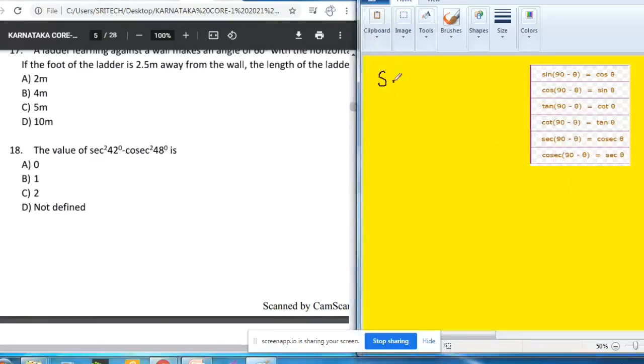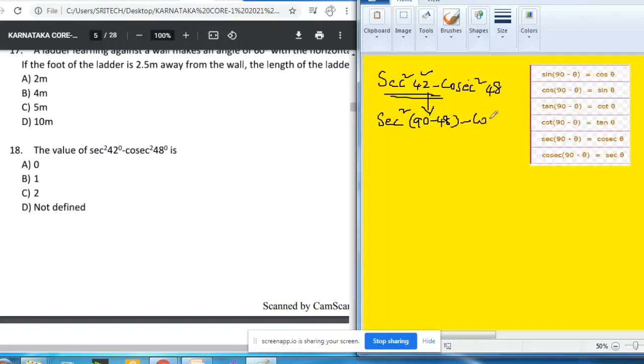So question is secant square 42 minus cosecant square 48. So we will apply complementary angles for any one of these values. So secant square 90 minus 48. I am representing 42 as 90 minus 48. 90 minus 48 value is 42. Why am I writing only 90 minus 48? Because in complementary angle, 90 degrees should be there.